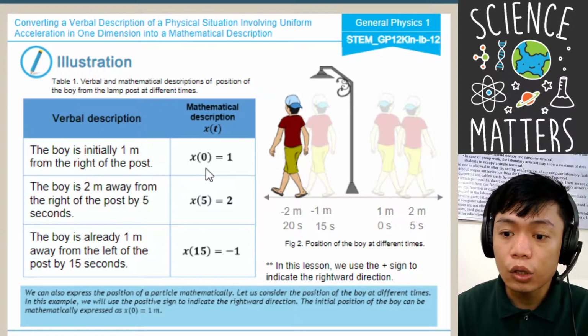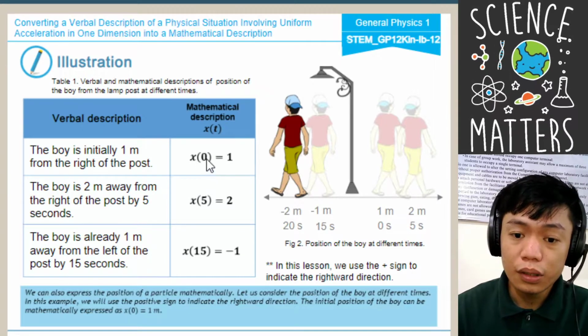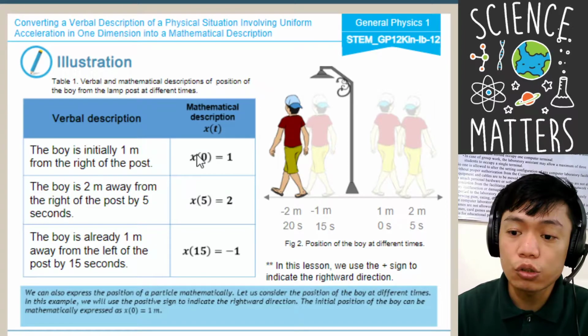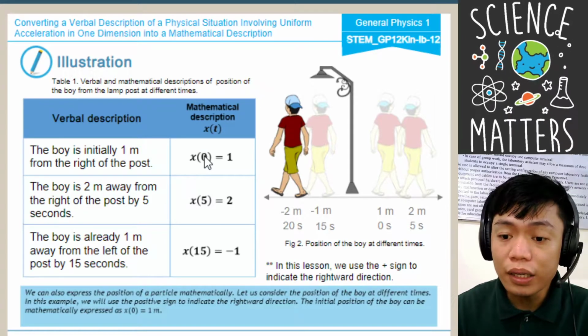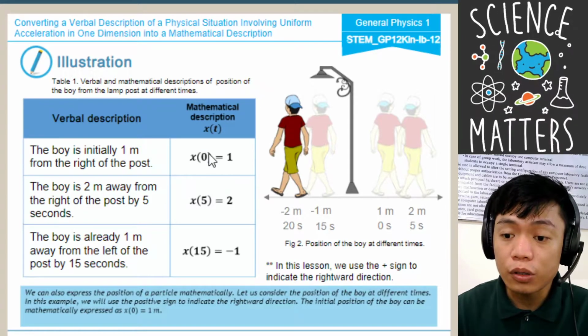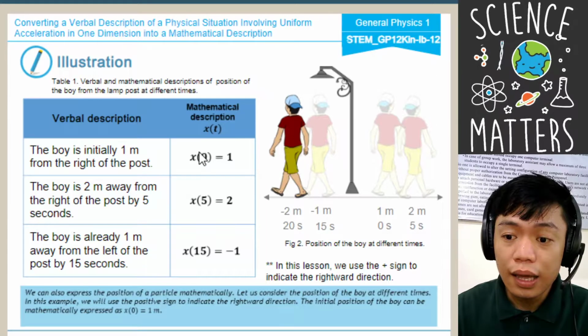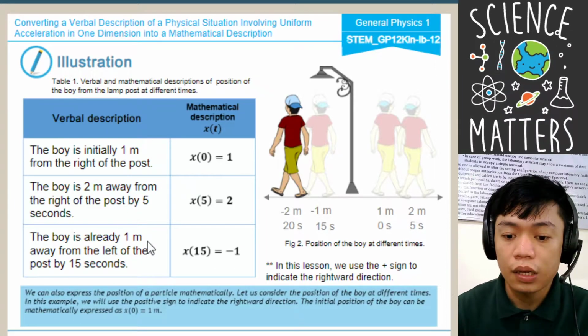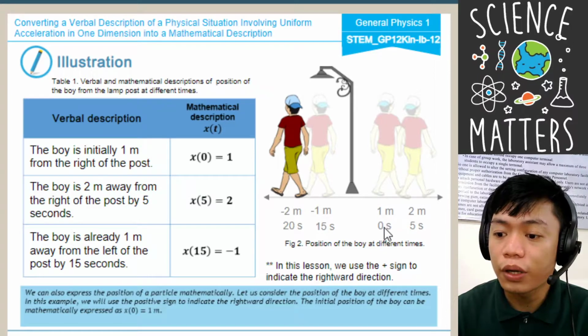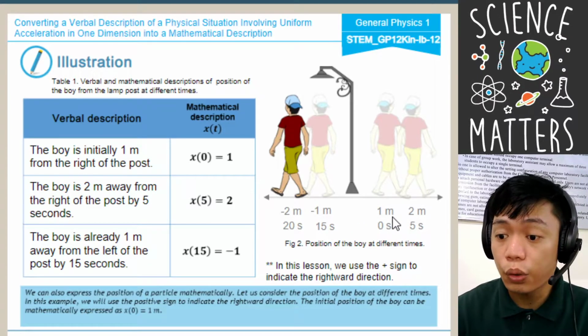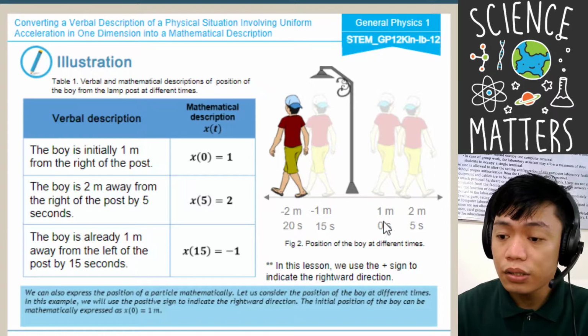Basically, at time 0, the boy has not left yet. The boy is 1 meter from the post at 0 seconds.